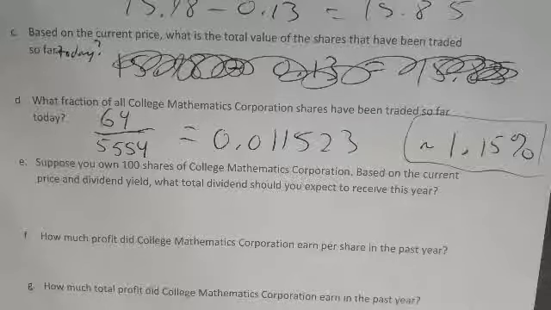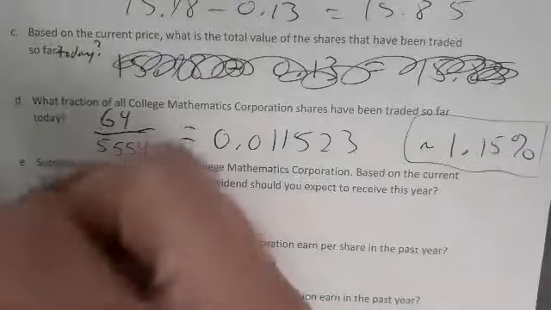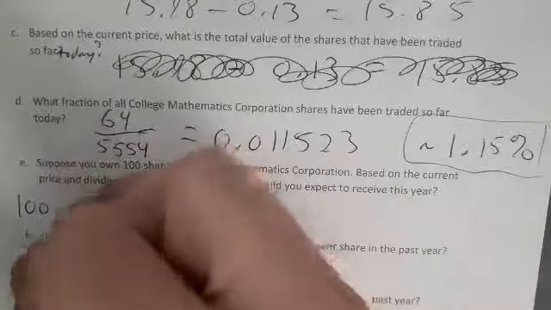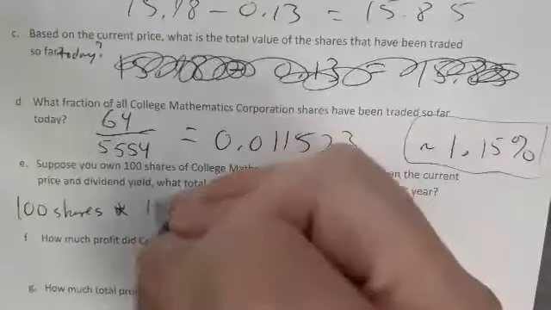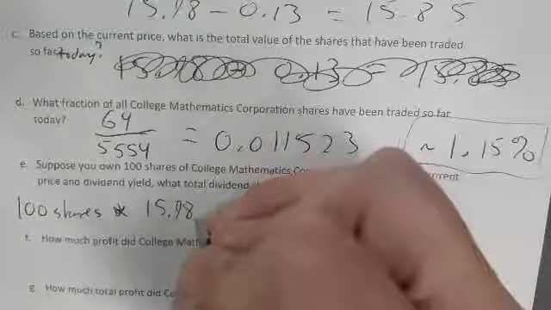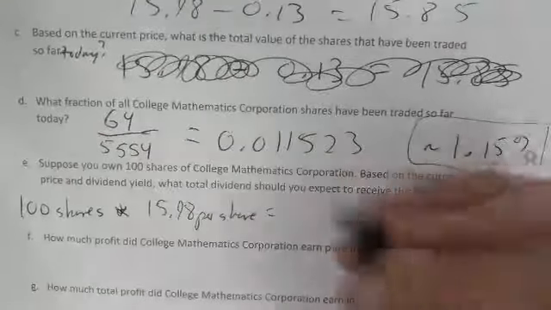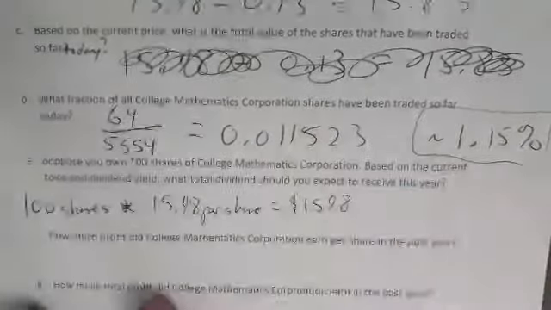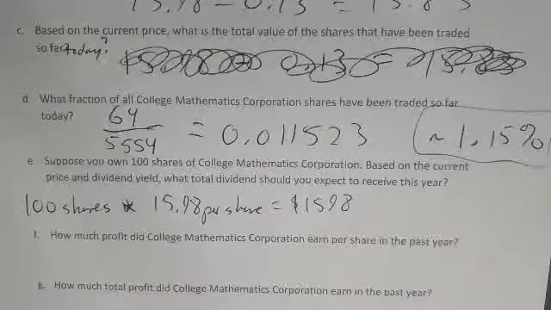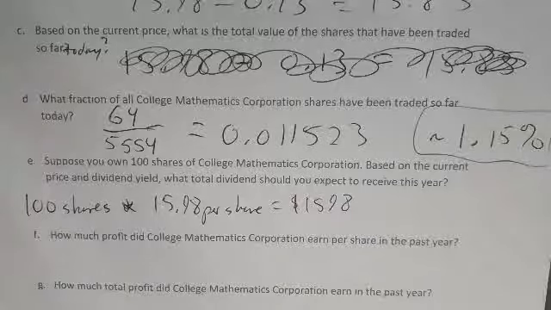So we have 100 shares, and they each cost what, $15.98 per share. So our shares are worth $15.98 total. So this is the total amount of money or value that I have in that share.